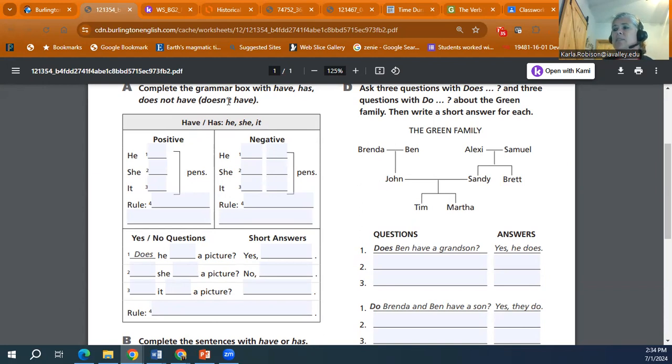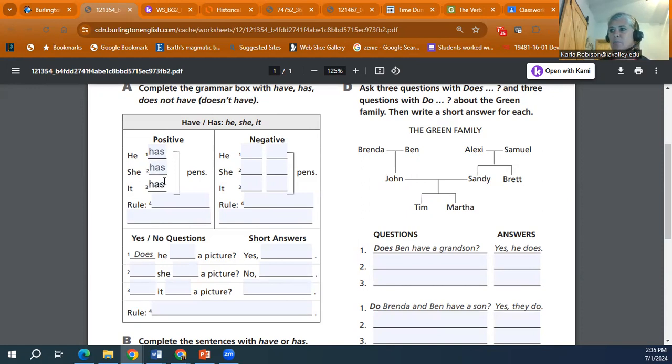Now, if we're going to complete this grammar box and we have to choose between have and has, or doesn't, or does not have, okay? So anytime it's a positive, always when it's a positive, you're going to say has. He has pens. She has pens.